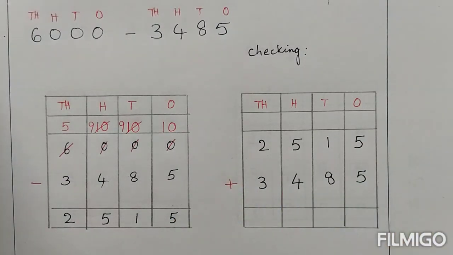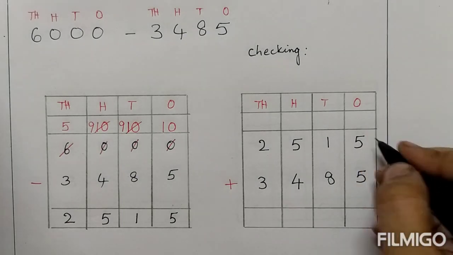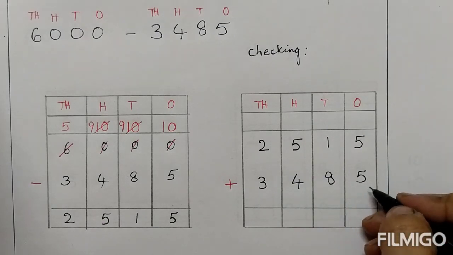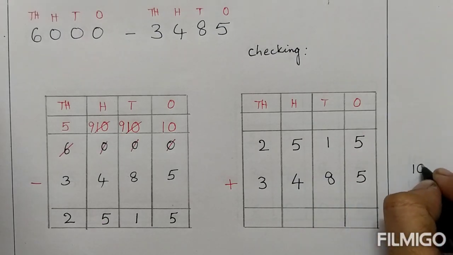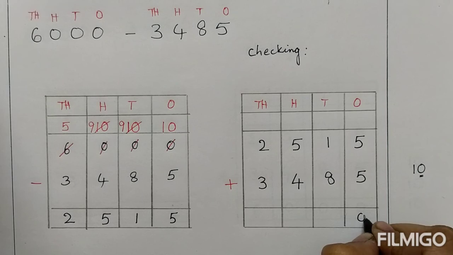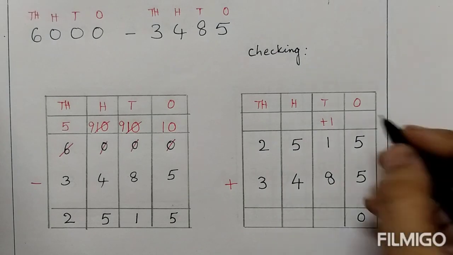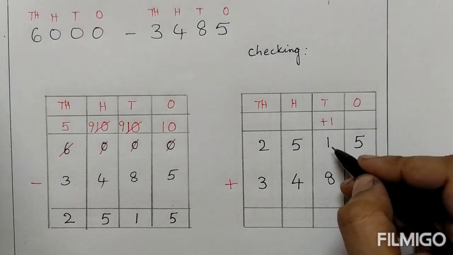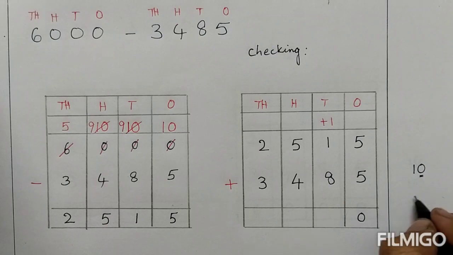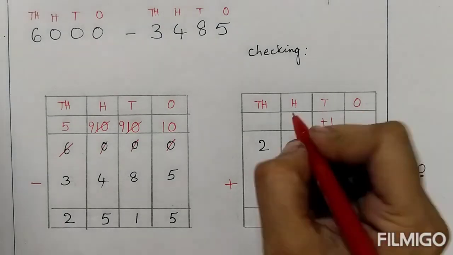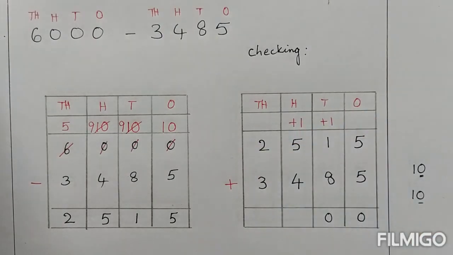Let's start adding from ones column. In ones column we have 5 plus 5, 10. So 0 in ones column and 1 in tens column as a carry forward. Now in tens column we have 1 plus 1 is 2, 2 plus 8 is 10. 0 in tens column and this one in hundreds column as the carry forward.